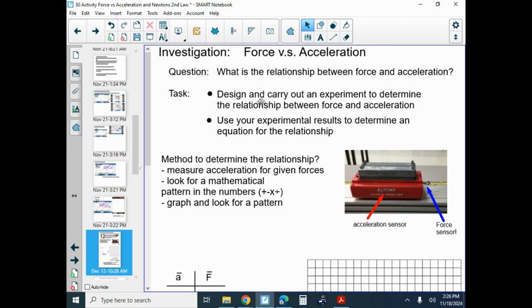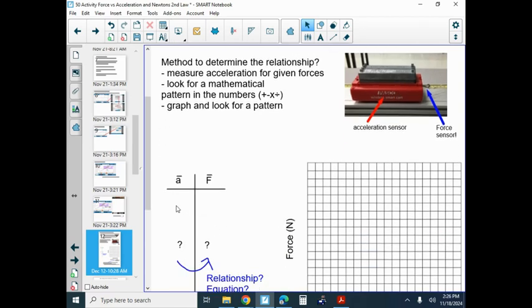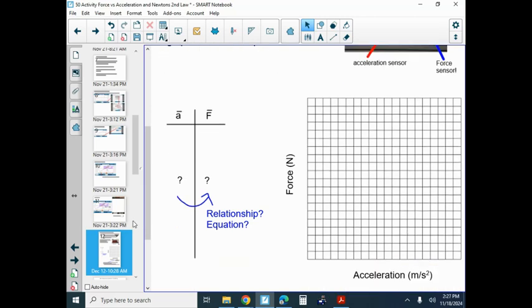In person, I get students to design and carry out the experiment, but the design's pretty scripted because I need to show how to use the equipment. Basically you can push and pull on the force sensor, and it has an acceleration sensor too. So really you're gathering pairs of numbers, force and corresponding acceleration. You get it to graph it, and then you're looking at the results.